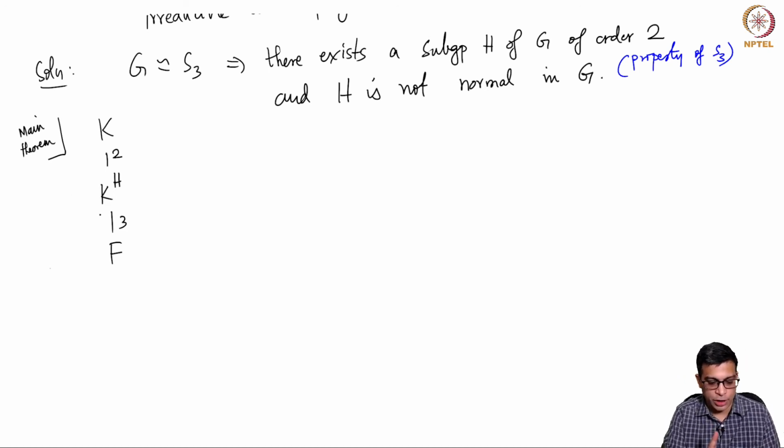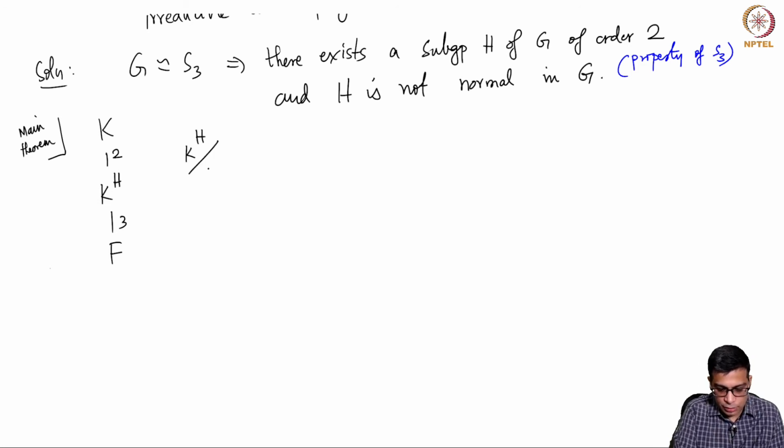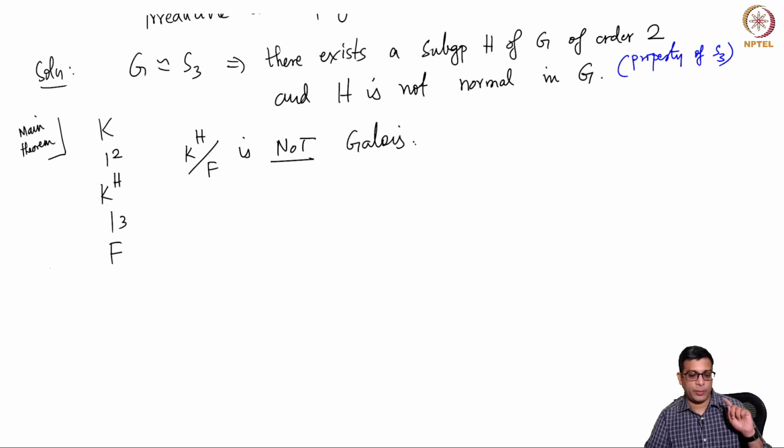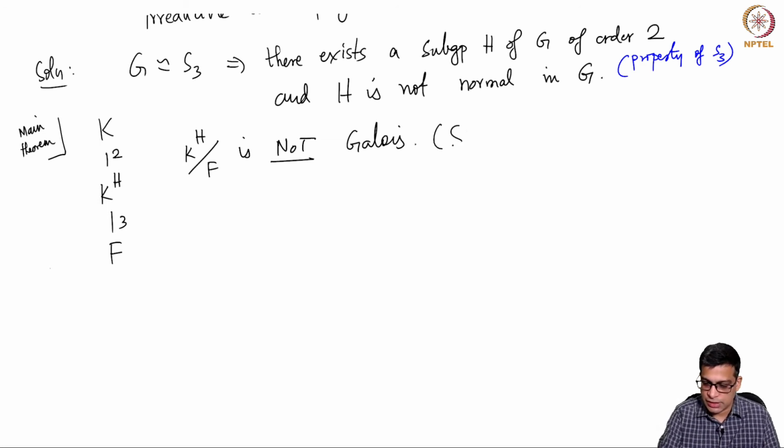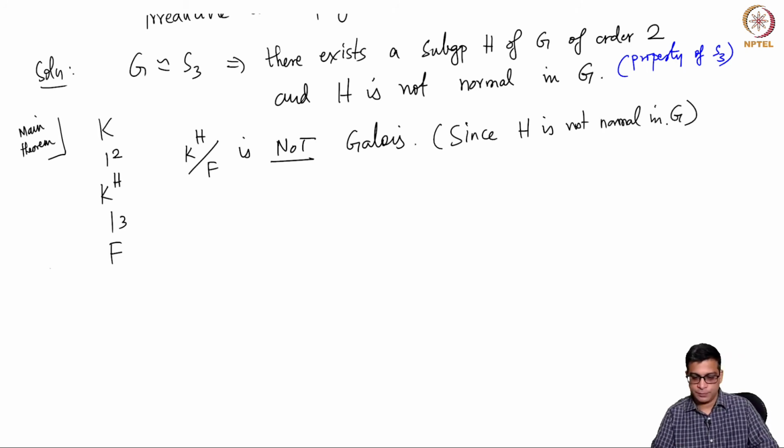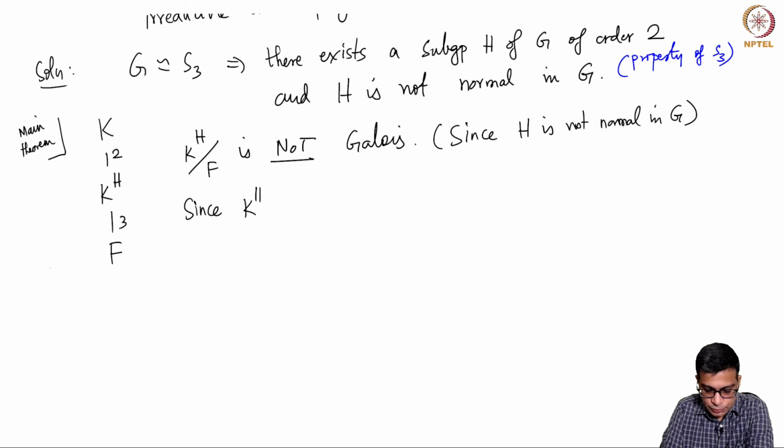But more importantly, the main theorem says that K^H over F is not Galois, because H is not normal.